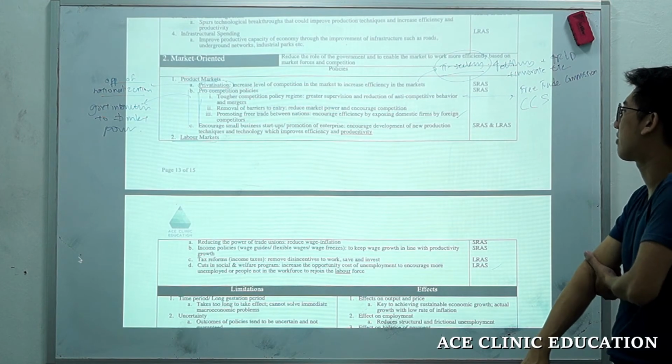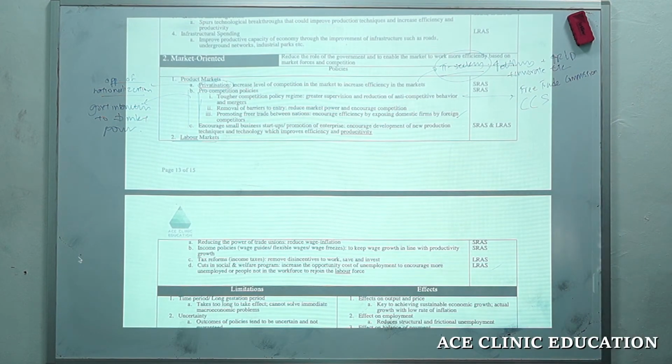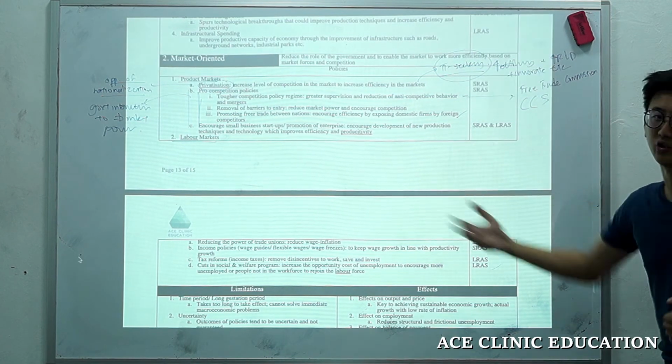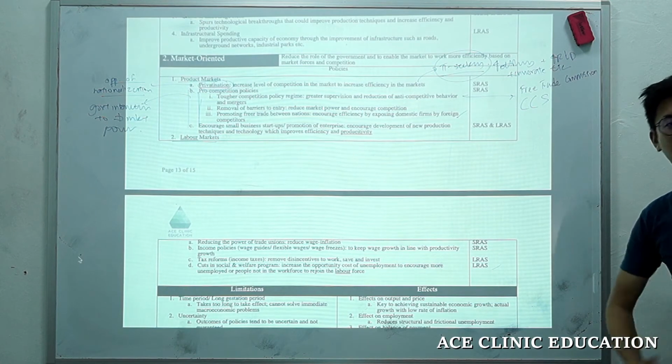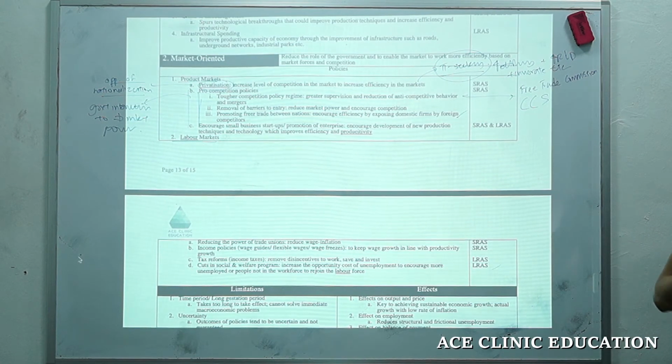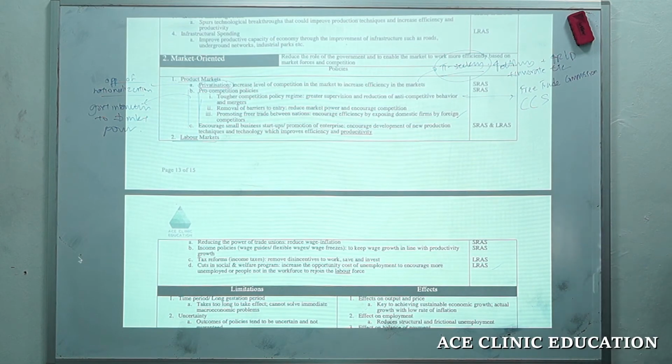Lastly, C, encourage small business startups and promote enterprise, right? Singapore has a reputation of being one of the easiest countries in the world to start a company. You can do it in a day. So things like that are useful. Why? You encourage small companies to start up, you encourage entrepreneurship. Remember that companies like Apple, Google, Amazon, they all started in a garage.